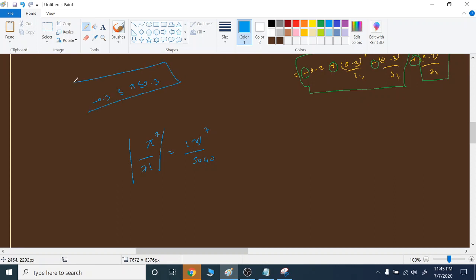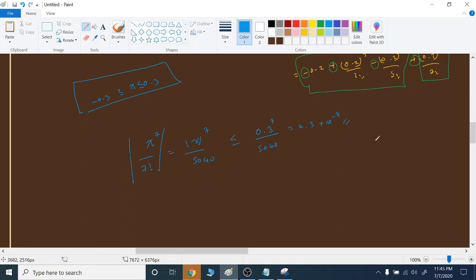So for these particular x values, the maximum that this can achieve is when you substitute the 0.3 in here, because x is there only in the numerator, and when the numerator increases, the total value will increase. So this is the maximum number that it can take, and that is equal to 4.3 times 10 to the power minus 8.